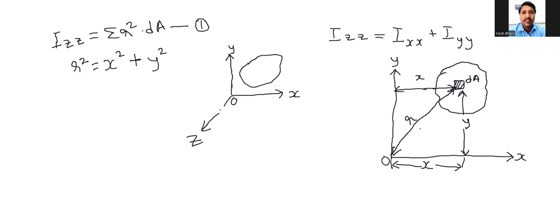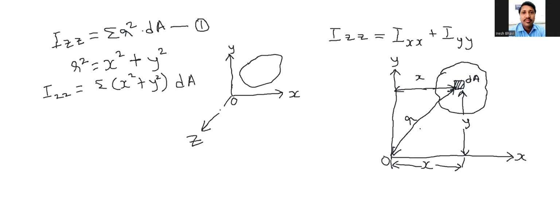Substituting in equation 1, we get Izz is equal to summation of x square plus y square into dA.